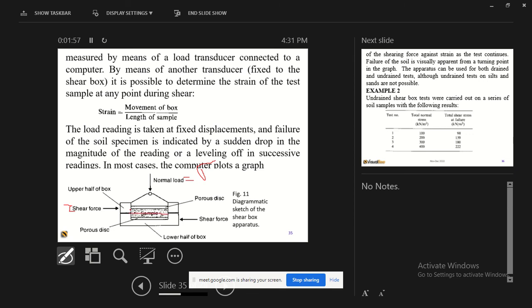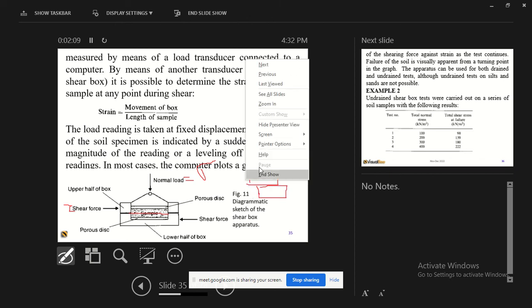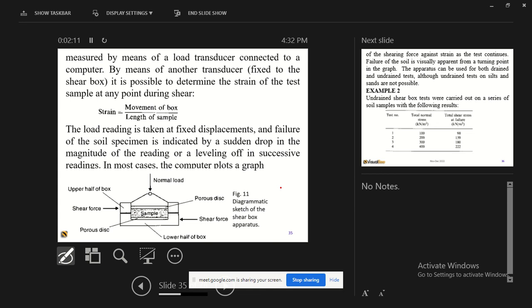The top part of the box will move over like this, and the resistance here is what we want to measure. That's all. And then there's a normal load, sigma, applied on top. That's the whole idea.